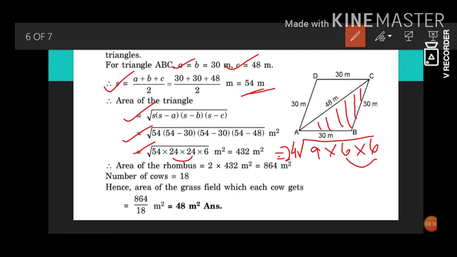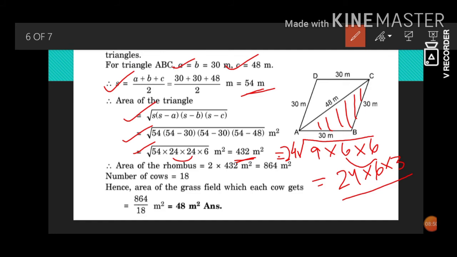So 6 is already in a pair, so 6 will also come out, and 9 is the square of 3, so 9 will come out as 3. If we multiply all these three numbers, we will get 432 meters square. This is the area of ABC.